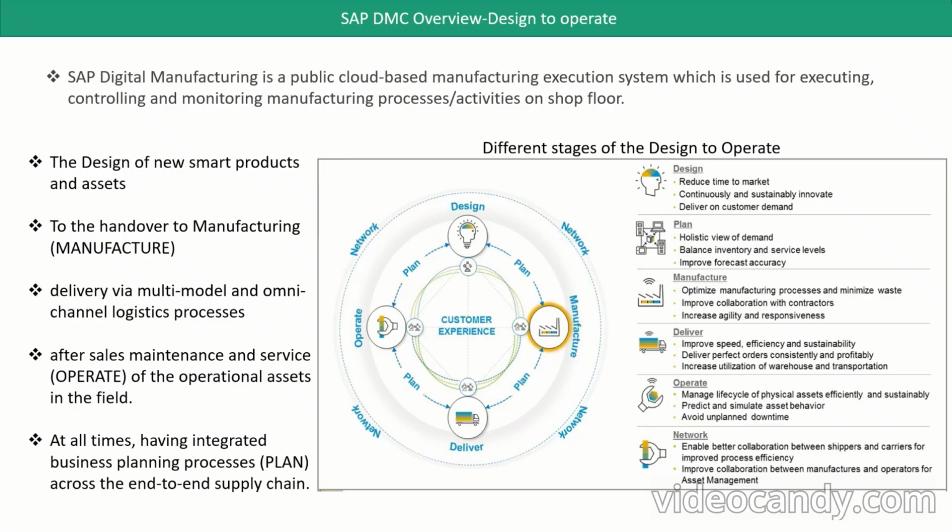So let's go for a simple definition of SAP DMC, which is these days known as SAP DM. Digital Manufacturing is a public cloud-based manufacturing execution system developed by SAP, which is mainly used for executing, controlling, and monitoring manufacturing processes or activity on the shop floor.